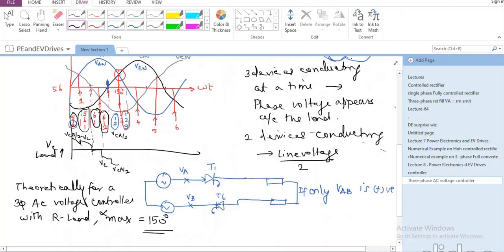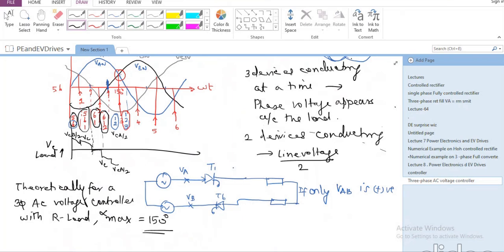If you try to fire it beyond 150 degrees, VAB, they are not going to join hands with each other to pass a current through the load, so it will not work at all. So for a resistive load, in the star-connected three-phase AC voltage controller configuration that I have shown just now, the maximum firing angle could be only 150 degrees.